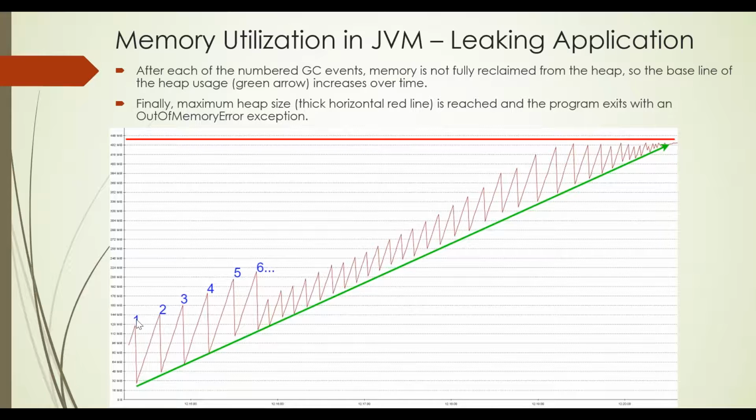For example, if the first GC cycle collected from 128 to 32, that is 128 minus 32, let's take on average 100 MB reclaimed. In the second GC cycle it is smaller, in the third even smaller, and in consecutive cycles it keeps shrinking. You can see this green line, your base, is shifting. Initially your JVM started at 32 MB, but over time it grew to this point.